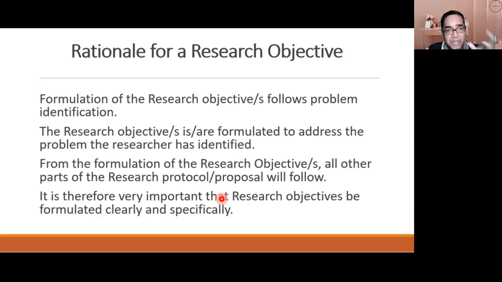From the problem that you have identified, you either make a research question. We told you that the research question is supposed to answer the research objective, the research problem, I should say. And then from the research question that you formulate, formulate your research objectives.